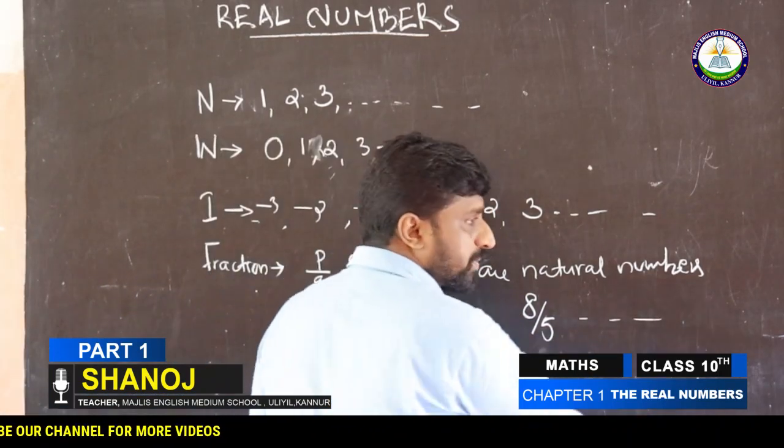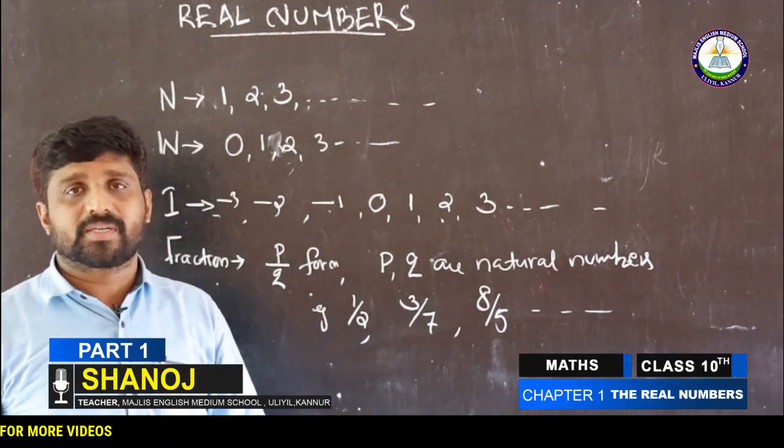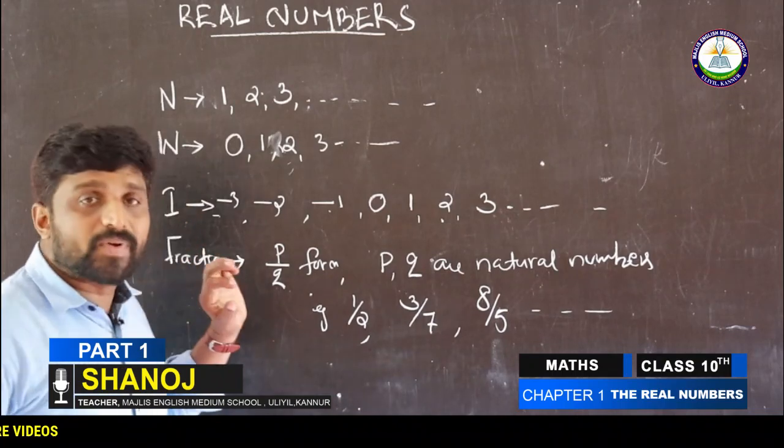Like that, so many examples we can write. Both the numerator and denominator need to be natural numbers, and that is known as a fraction.